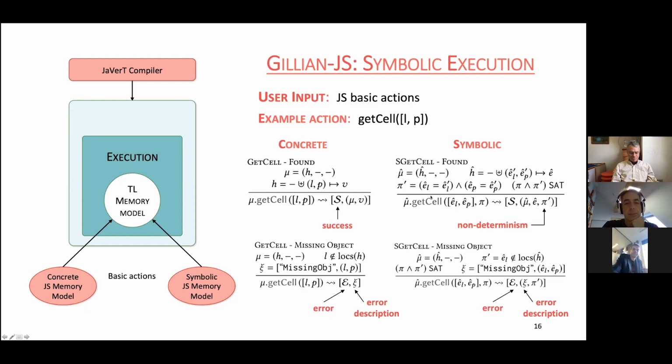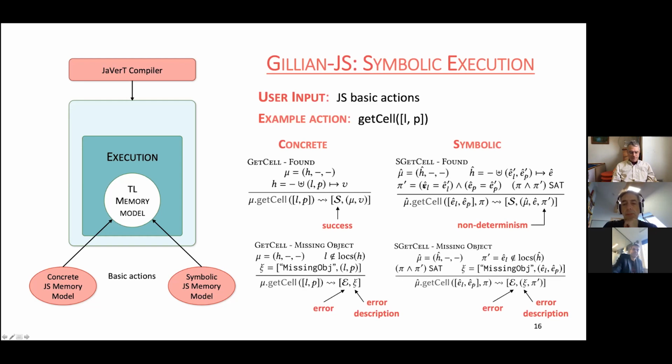The same thing is going on in the symbolic case, except we're now dealing with symbolic expressions. So we've got a symbolic location, a symbolic property. It matches a symbolic heap, and it matches in the symbolic heap another symbolic location and another symbolic property.